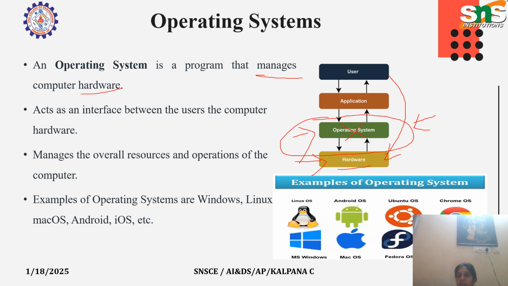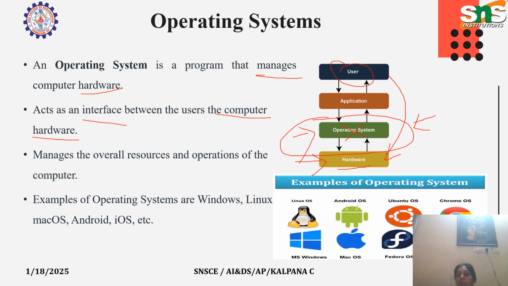It takes care of everything. Our next point is it acts as an interface between the user and the hardware. Just see, between the user and the computer hardware, your operating system is placed. For communicating with the computer hardware, the user requires an operating system to make this process simpler.